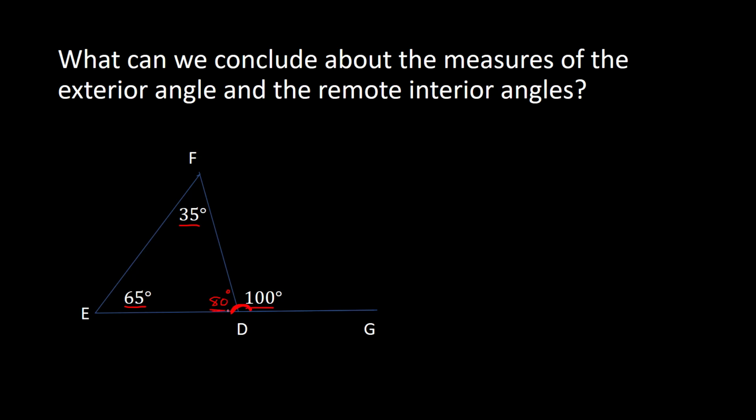So if this angle is 80 degrees, we know that the other two angles over here would have to add up to give me 180 as well, because all three angles together would give me 180. So we know that angle EFD and FED would have to add with this 80 degree angle to give me 180. To make that happen, the two angles would have to be 100 degrees, because 100 plus 80 would give you 180.